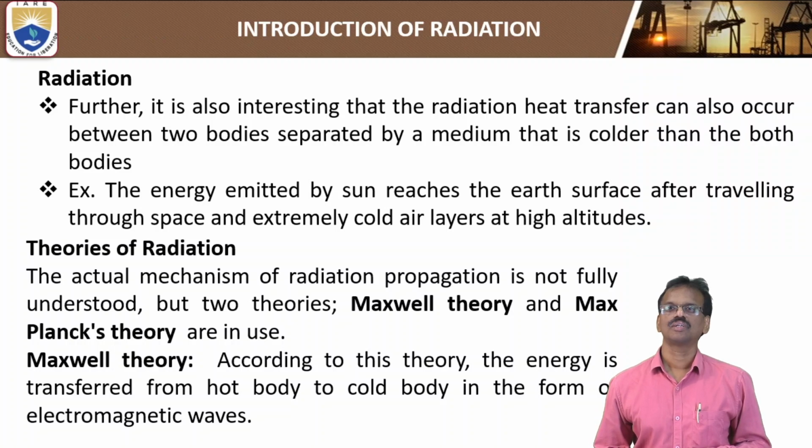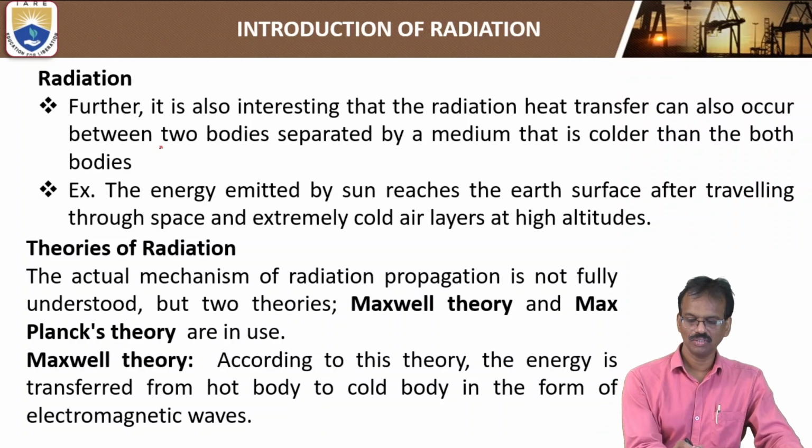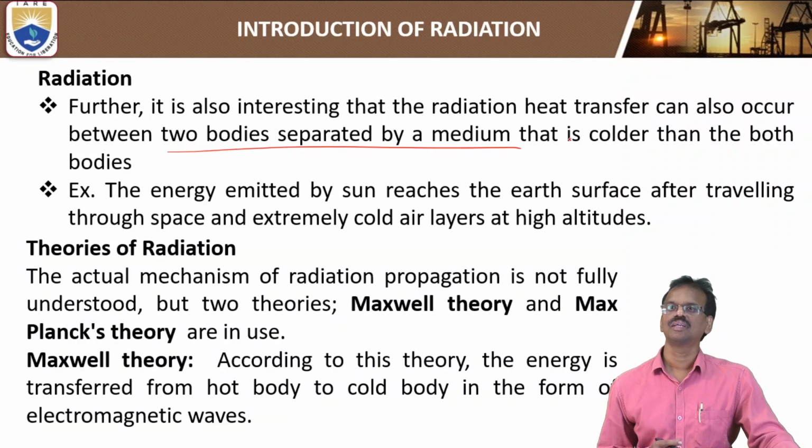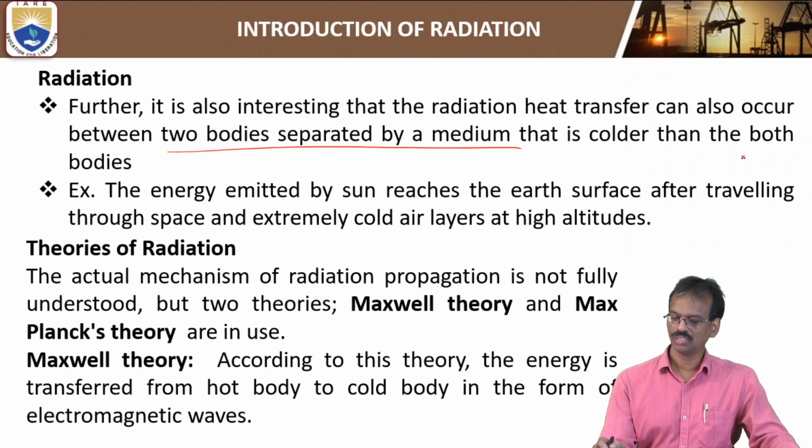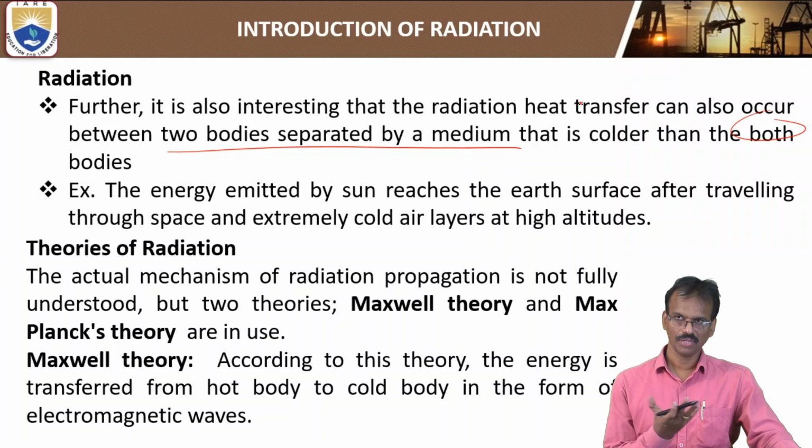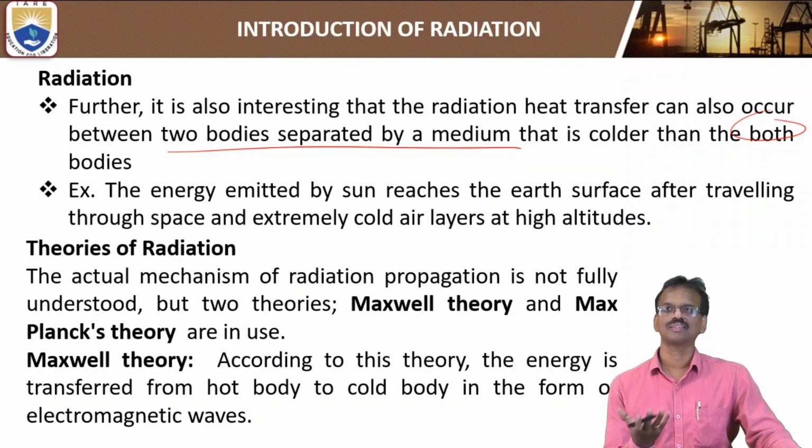Further, it is also interesting that radiation heat transfer can occur between two bodies separated by a medium that is colder than both the bodies. It means radiation occurs in the vacuum as well as in a medium, but the medium does not influence the radiation.